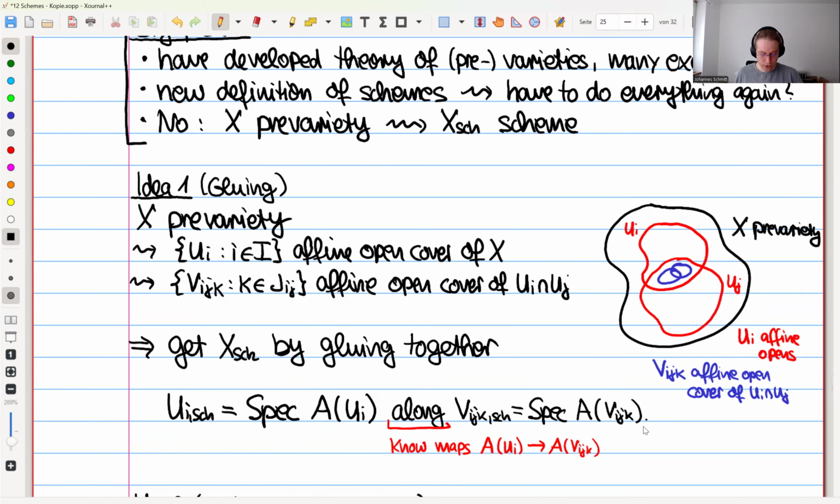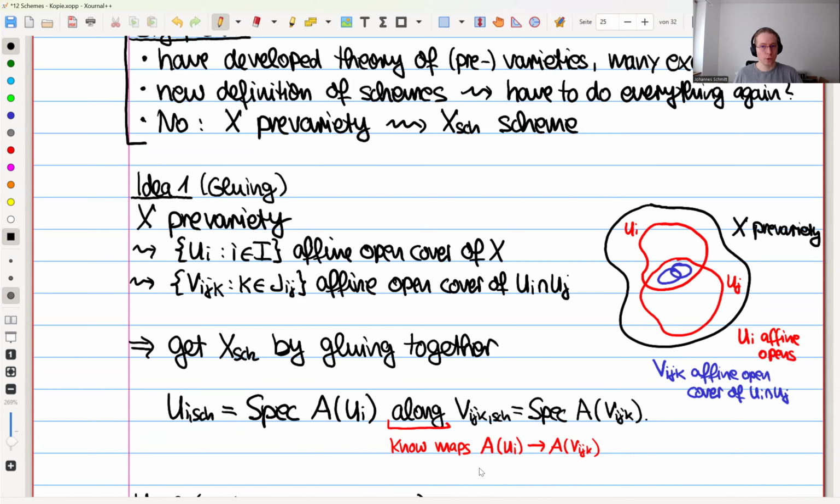And the good thing is that we know exactly how, because there's a restriction map from the coordinate ring of U_i to the coordinate ring of these blue things. And then turning it around via Spec, we get maps from all of these things into these. These turn out to be open subschemes, and then in principle, we can try to glue this together.